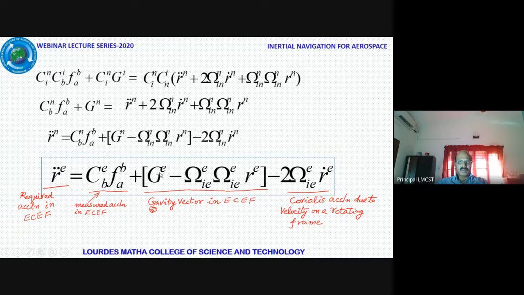Now, this together as a vector sum is a gravity vector in ECEF frame. And this, as you know, is the Coriolis acceleration due to a velocity on a rotating frame. Yes. And this is measured acceleration in ECEF frame.